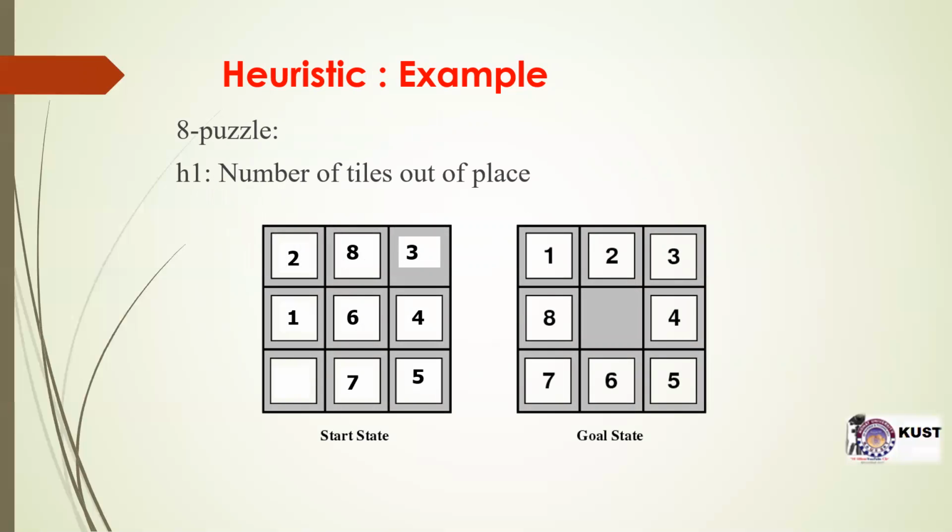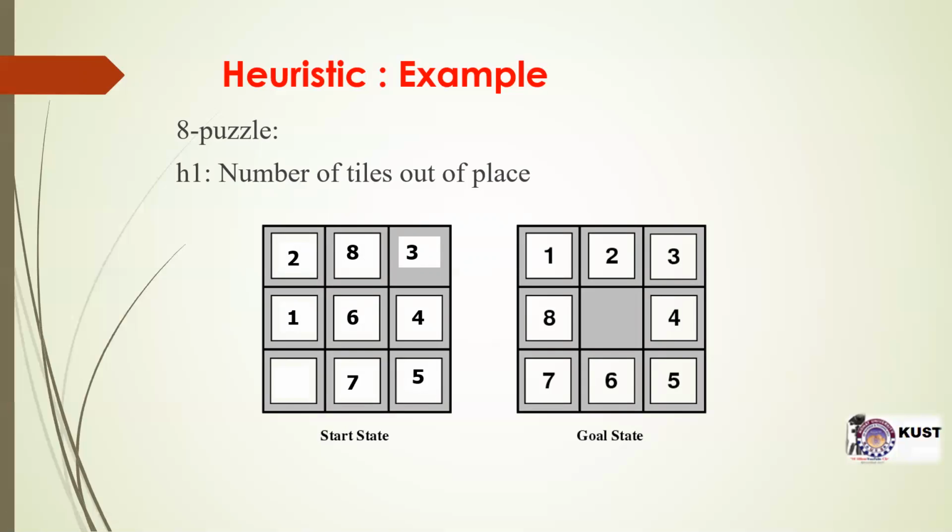Consider this arrangement of the start and goal states. We'll try to solve it using heuristic 1, which is counting the number of tiles out of place. If we look at the goal state position in the start state, tile 1 is not in its position. Similarly, tile 2 is out of place. Tile 8 is out of place. Tile 6 is out of place. Tile 7 is out of place.